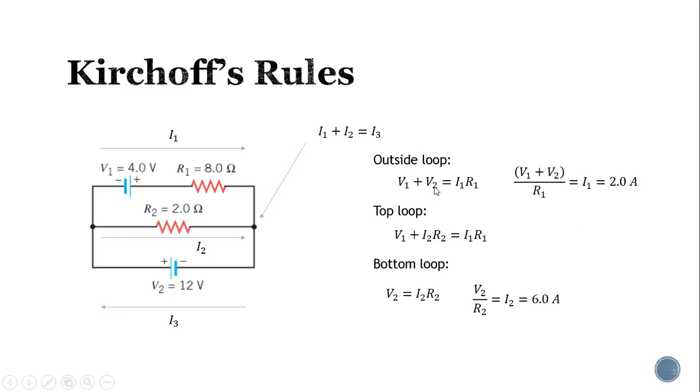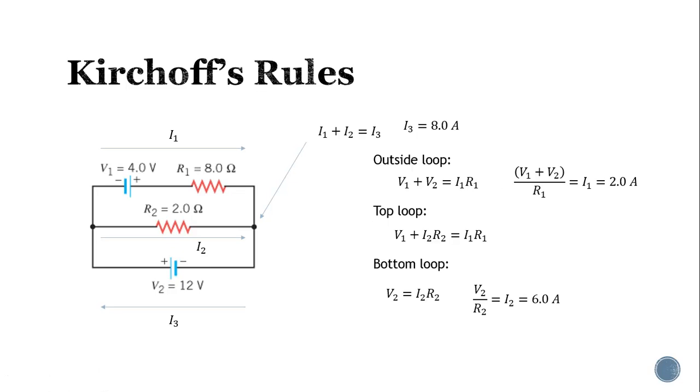I'm going to solve the outside loop one, V1 plus V2. Divide that by R1, and I get 2 amps for I1. Cool. And then if I add I1 and I2, I get 8 amps for I3. And so there we go, I've solved the currents in all three parts of the circuit.